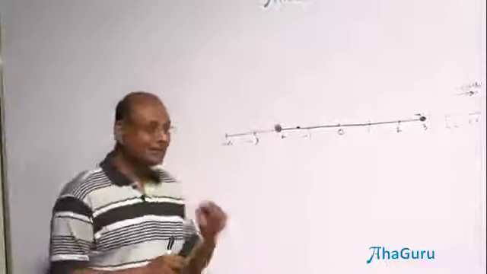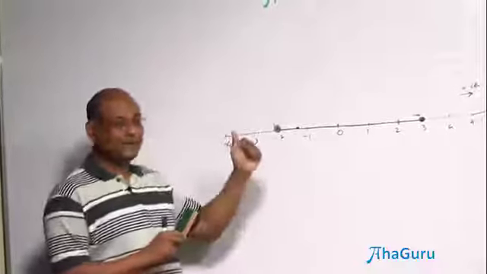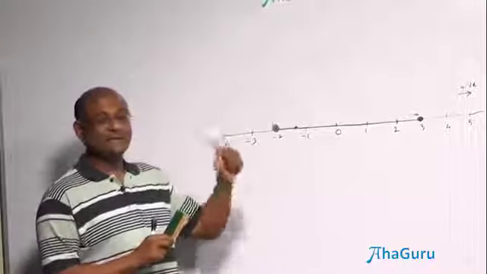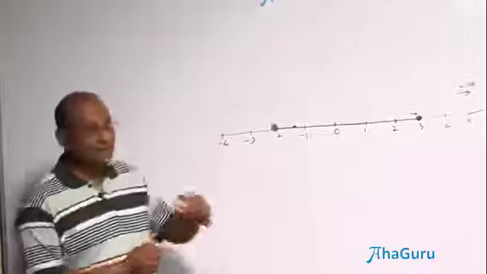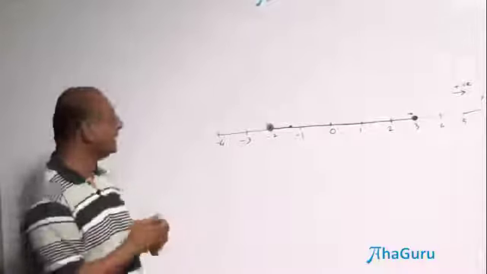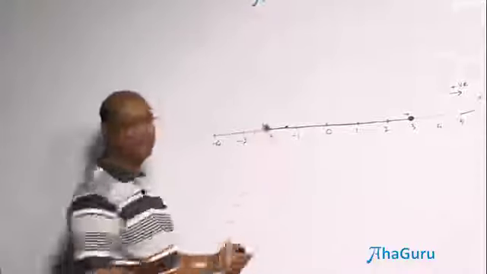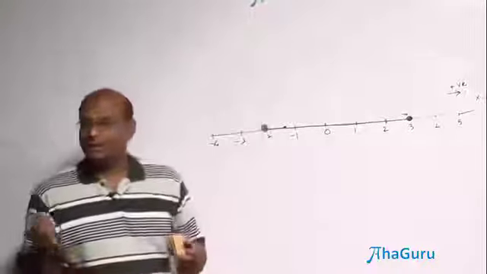Remember, the original definition of motion was position changes with time. So I need position and time, both. So it's not good enough to say position is -2. It is also equally important to say time is something.